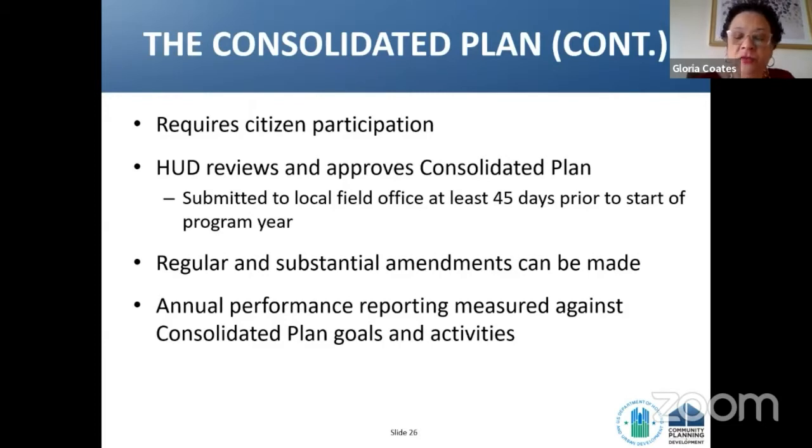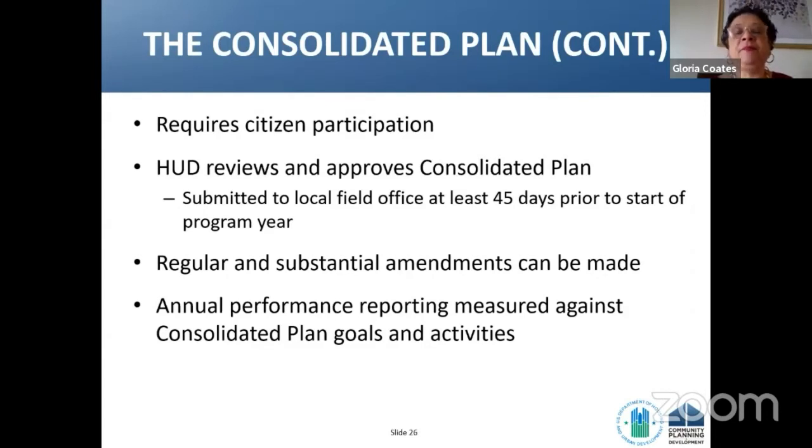And grantees are aware that your citizen participation plan identifies how citizens may participate. HUD does review and approve the consolidated plan. And here we're really talking about the annual program. HUD has to review it and approve it.